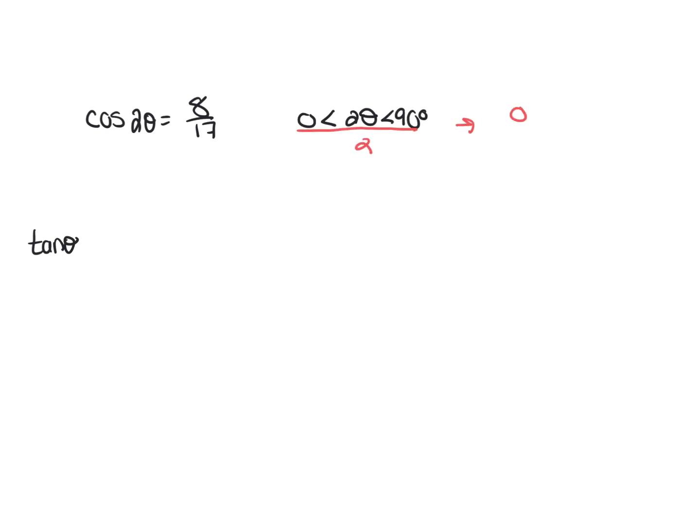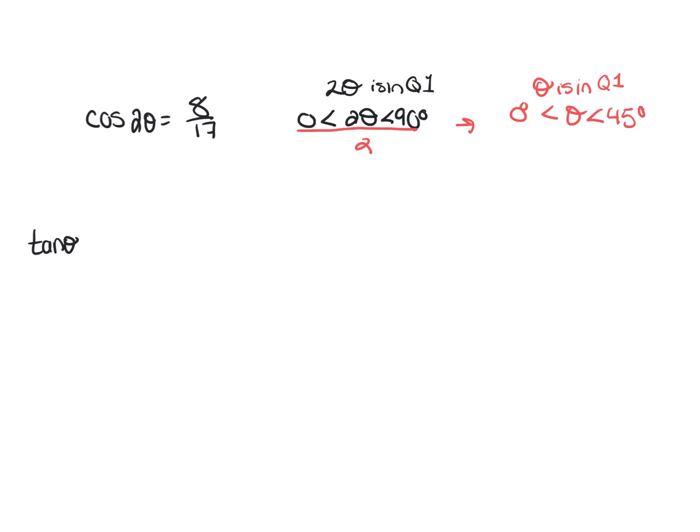So that gets me 0 degrees is less than theta is less than 45 degrees. And so from this statement, I know that 2 theta is in quadrant 1. But what I care more about is that theta is in quadrant 1 as well. So the reason I care about that is the following.